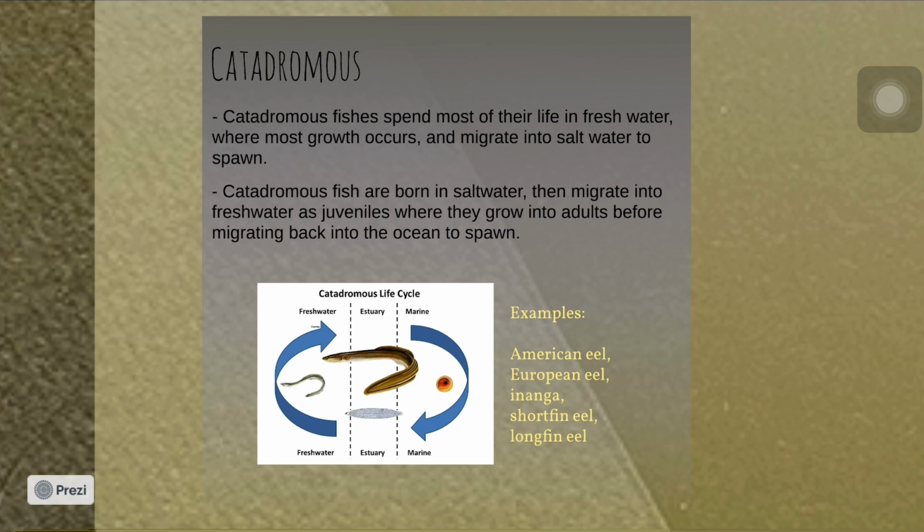Catadromous fishes spend most of their lives in freshwater, where most growth occurs, and migrate into saltwater to spawn.